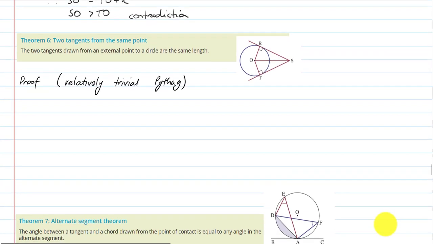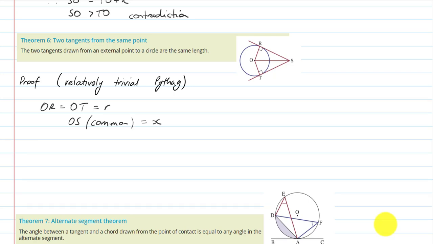Theorem 6: prove that two tangents from the same point are equal in length. We're going to do this with a little bit of Pythagoras. OR is equal to OT, which is equal to the radius, and OS is common, and we'll let it equal X. When I say common, it's part of two triangles.